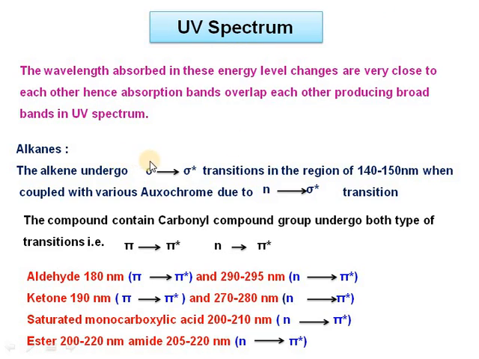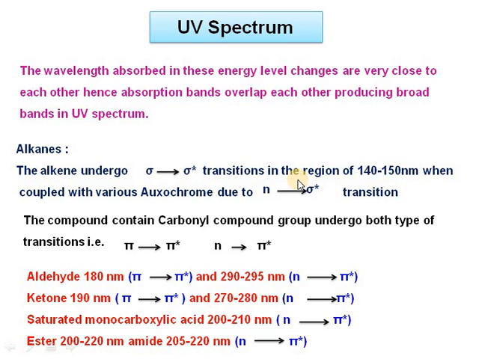Mostly sigma bonds, and therefore sigma to sigma star transitions can occur, in the region of about 140 to 150 nanometers wavelength absorbed by the radiation in alkanes.